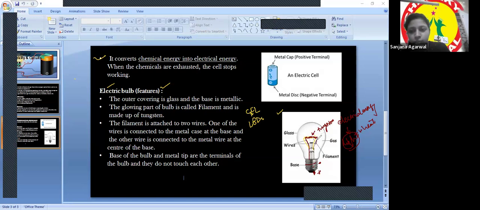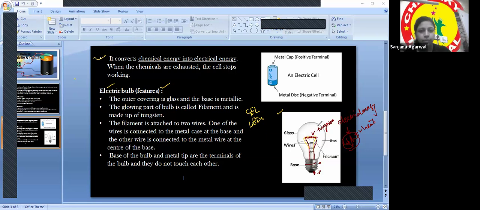When the current passes through this, it starts glowing and gives us light. Can you imagine how much it gets heated? It gets heated up to about 4,000 degrees Celsius, but still it does not melt. This is special about the material tungsten.